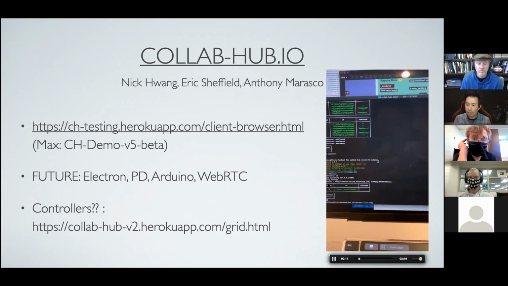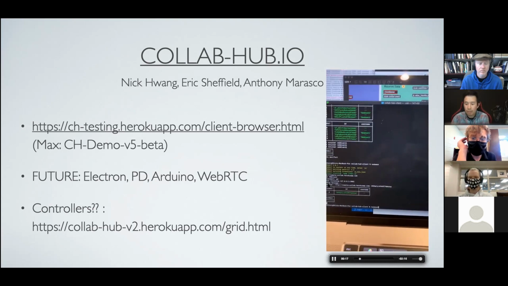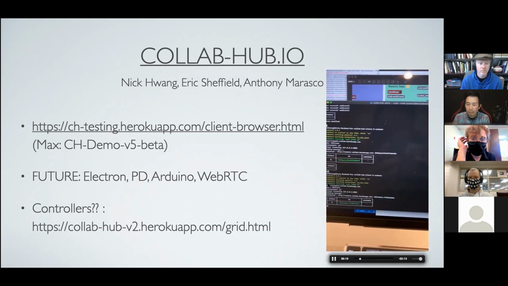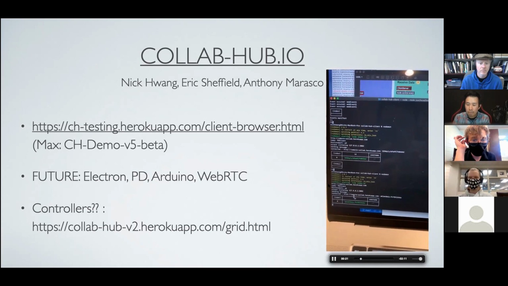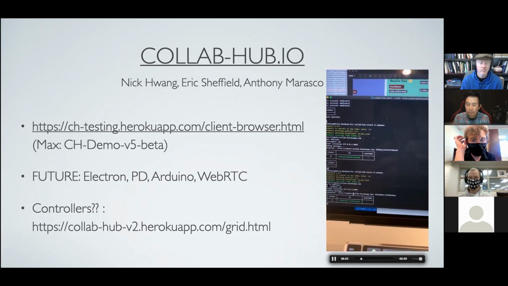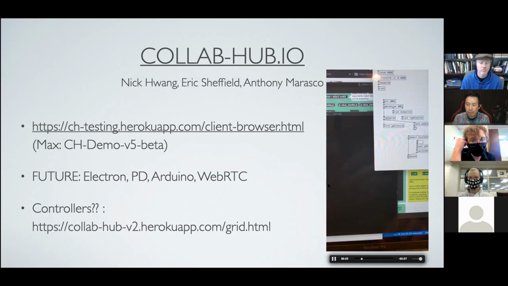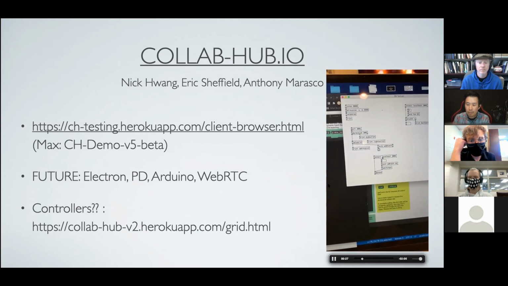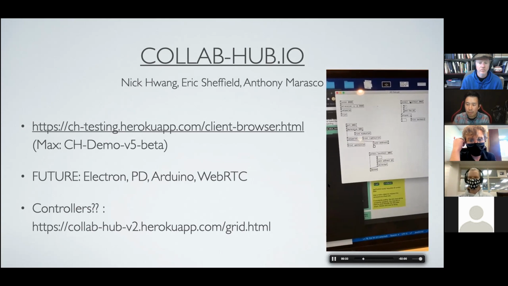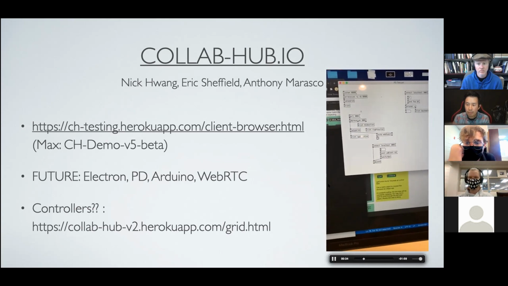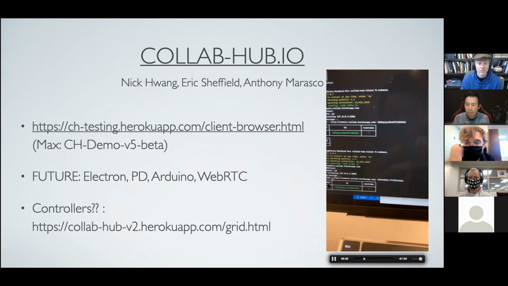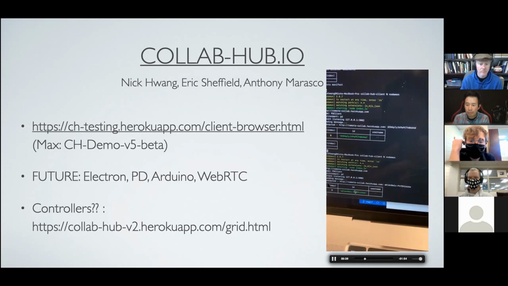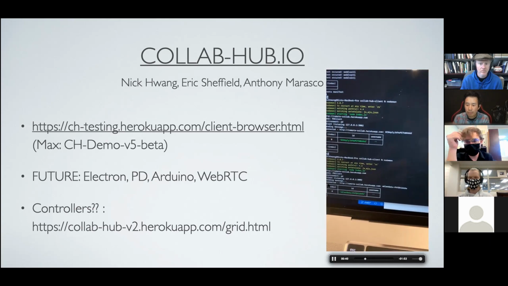So I'm going to start up the client. That's a node instance. And it's going to sign into the original Colab hub, so version 1. And then I'll tell PD to talk to the node instance that's connected. And you'll notice that I have a socket ID that's connected to Colab hub.